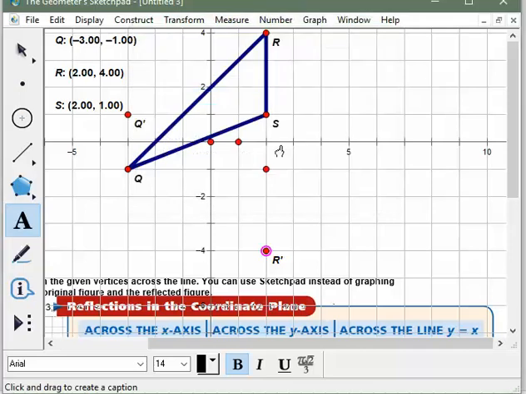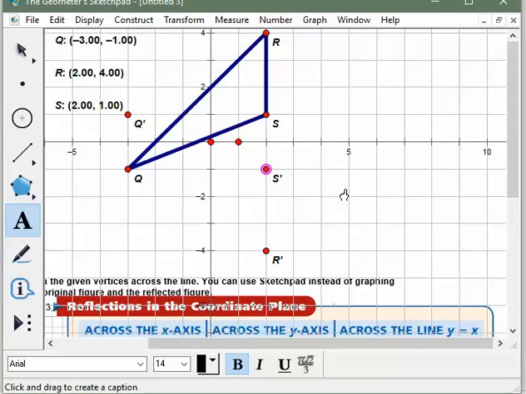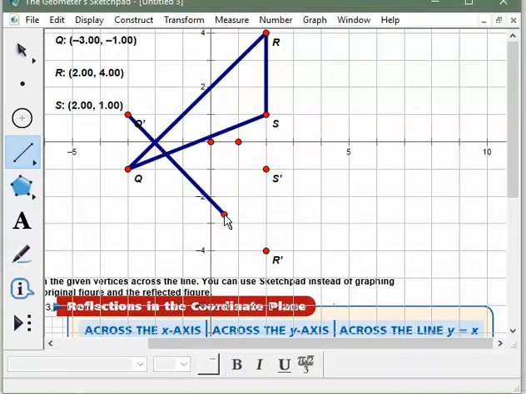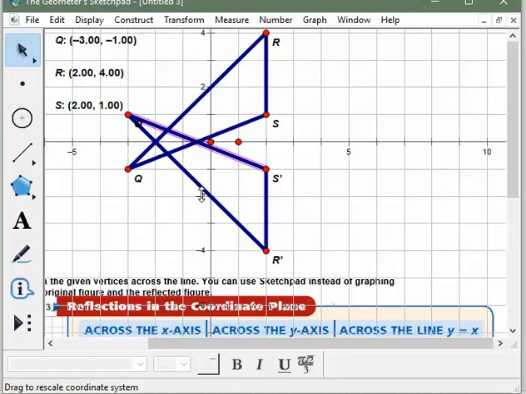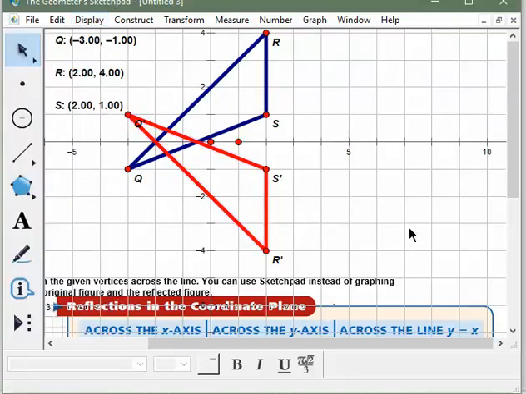And then S prime is this one. And then all I have to do is connect these points with a segment, and I'll be done with this problem. And I'm going to change the color of this one. This is my image after it has been reflected. You can change the color to whatever color you like.